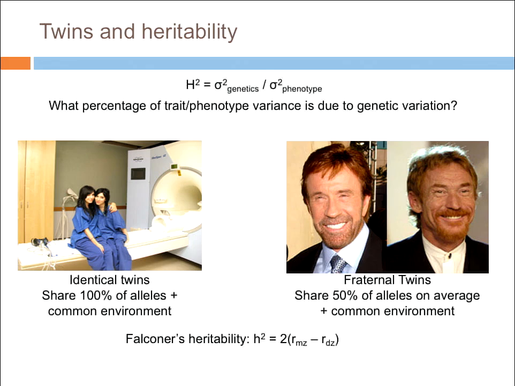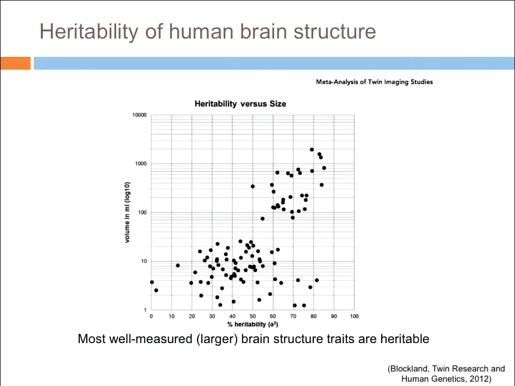So with that, is brain structure heritable? Here's, I think, a really nice summary of a lot of different brain structures, showing that basically, with volume on this axis and heritability here, if the brain structure is large, then you generally get higher heritability. Smaller brain structures generally have smaller heritability. And that's most likely because there's noise in measuring smaller brain structures.